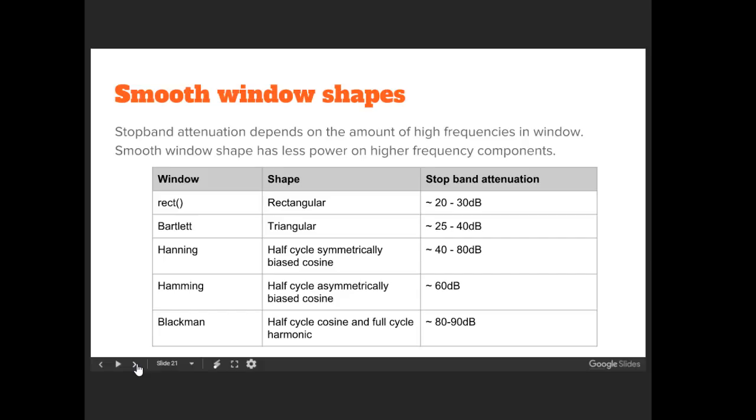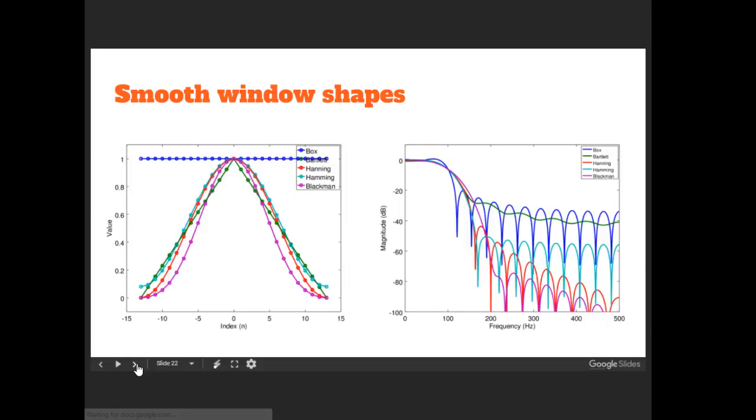Bartlett was the triangular window that I made by arithmetic. Then there are the Hamming and Blackman windows, and some generators like the Kaiser window. Those are the window shapes.